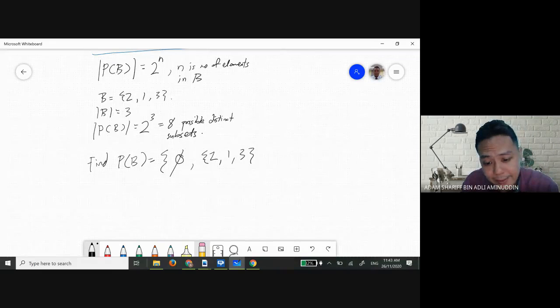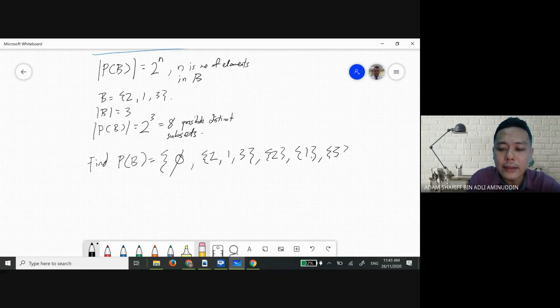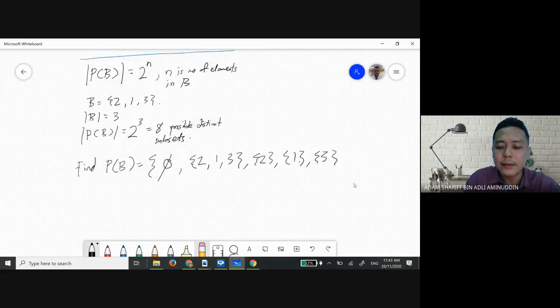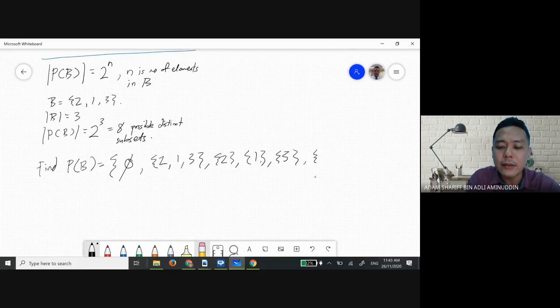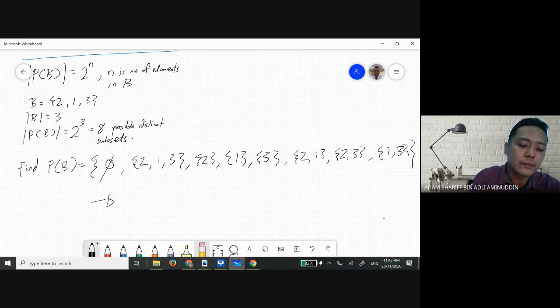What comes next is just a derivation of the combination, I suppose. Saya boleh keluarkan 2, 1, 3. And also I will open 2, 1 and 2, 3. I should have one more, suppose, which is 1, 3. The concept that I use is the combination. Combination C tu, bukan permutation.